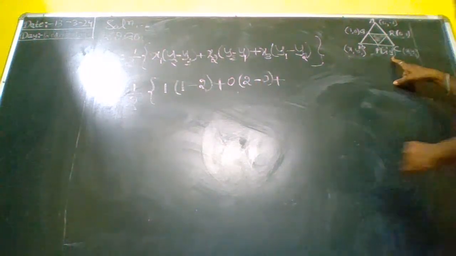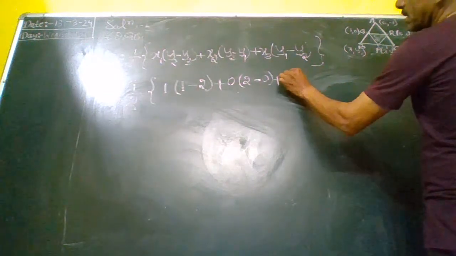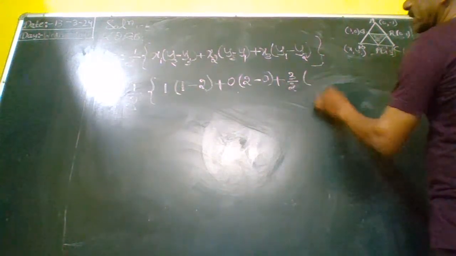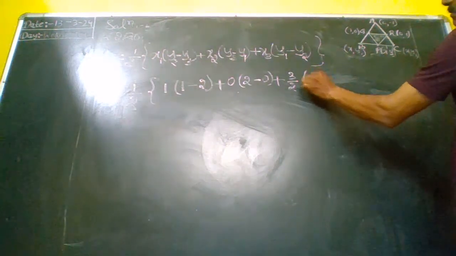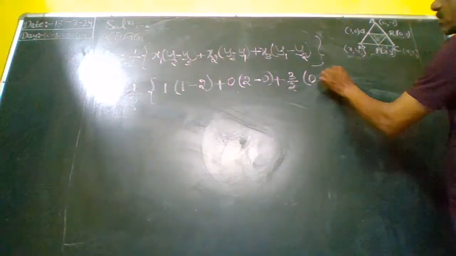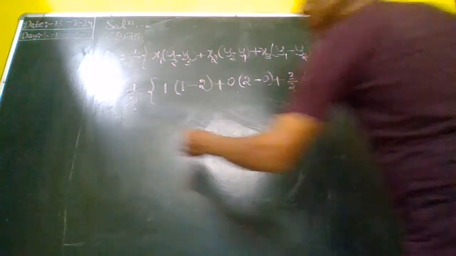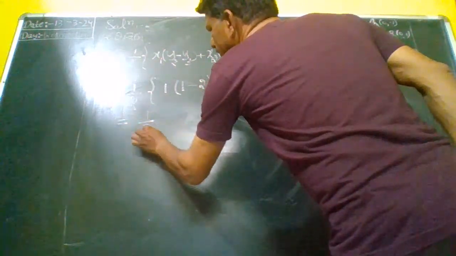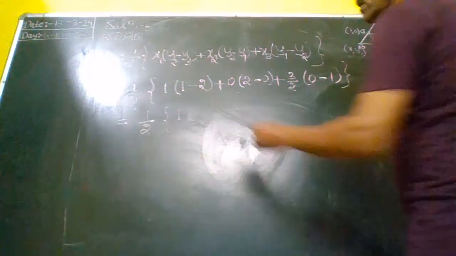Plus, what is the value of x3? x3 is 3 by 2, into bracket y1 and that 0 under. Okay. Minus y2. What is the value of y2? y2 is 1. So this is equal to 1 by 2, 1 into 1 minus 2, means minus 1.